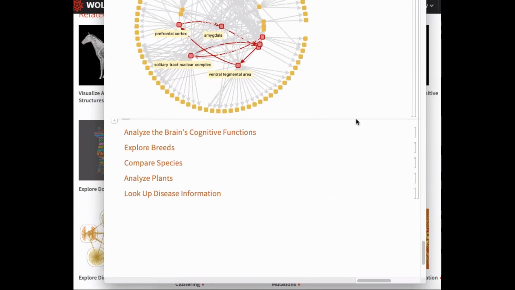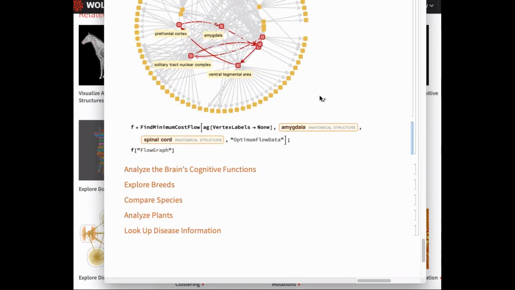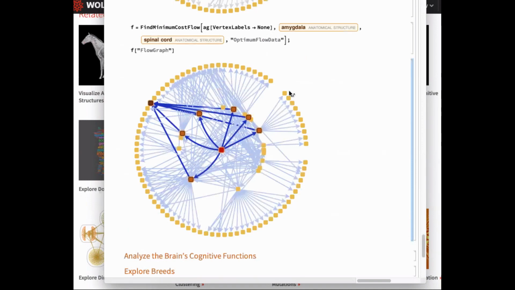And you can also explore the optimal flow from amygdala to the output structure, which in this case is the spinal cord, and highlight it in the graph.